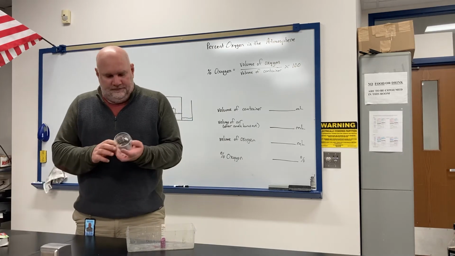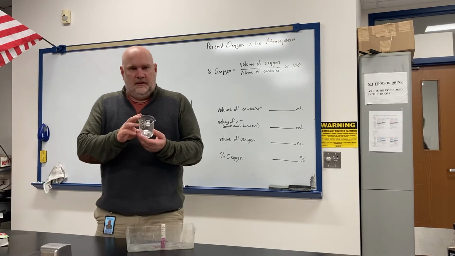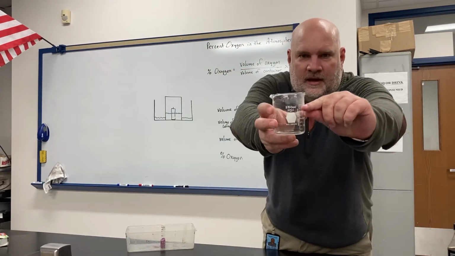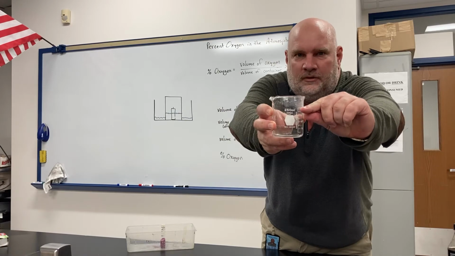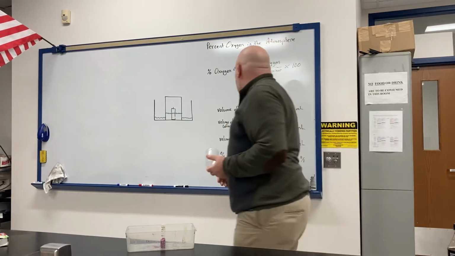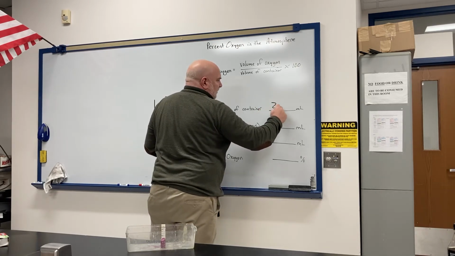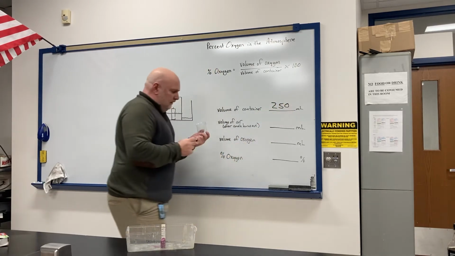Next, the beaker. The beaker we're going to use here is a 250 milliliter beaker. Where it says volume of container in the lab, you can write 250 milliliters.